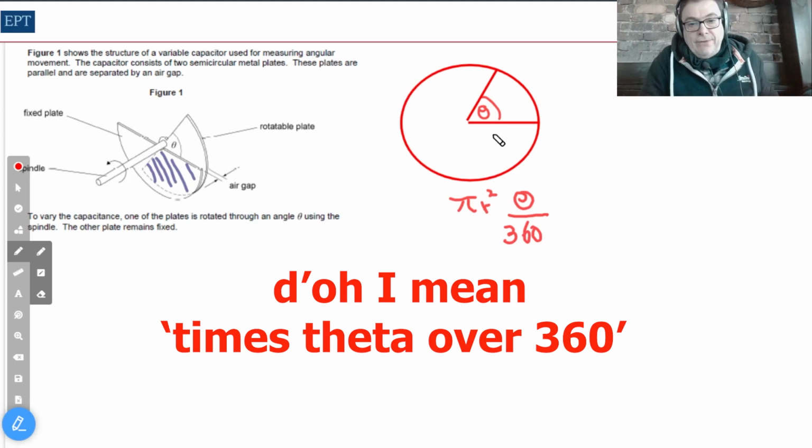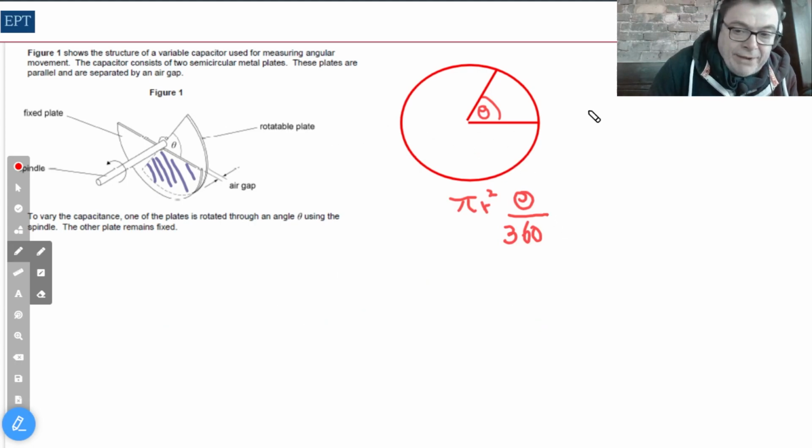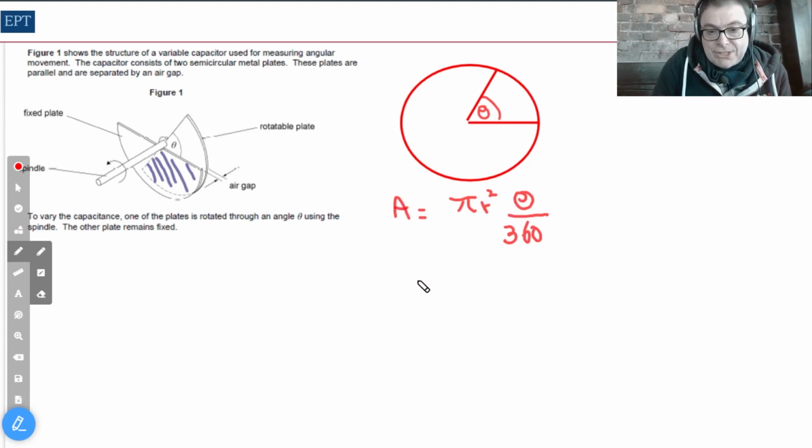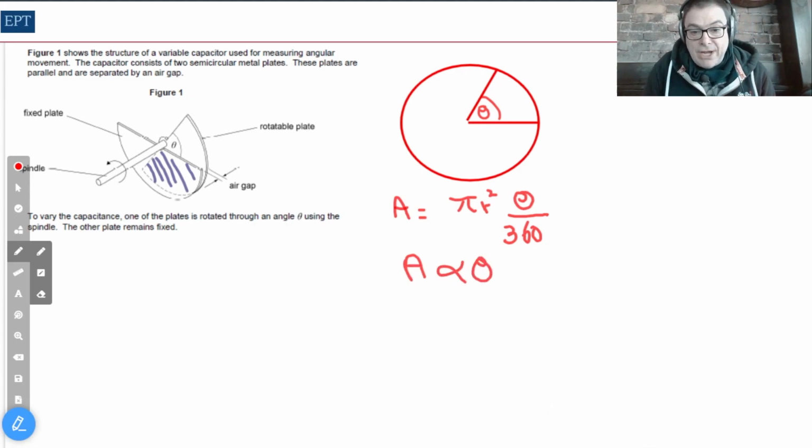So if theta is 180, that means we have an area of half of pi r squared. In other words, the point to bear out from this is that the area is proportional to theta. So it's a linear relationship between angle and area. Now in our case, as the angle gets bigger, the area is going to decrease, but it's still linear.